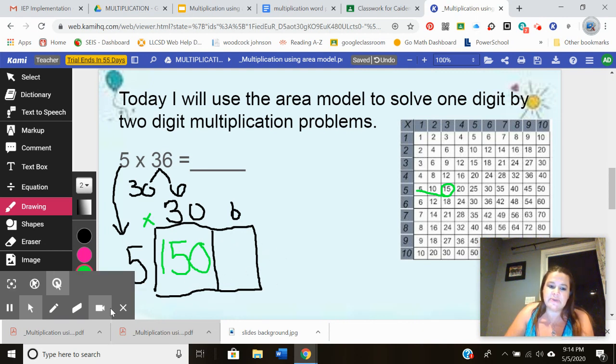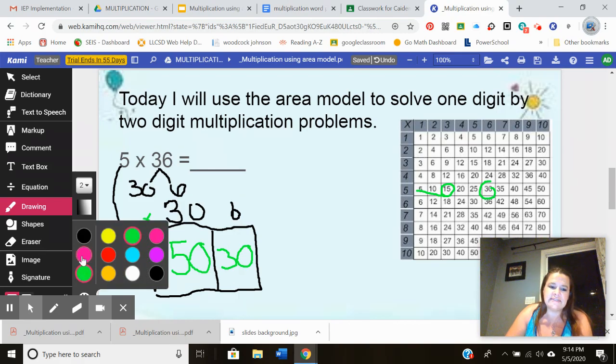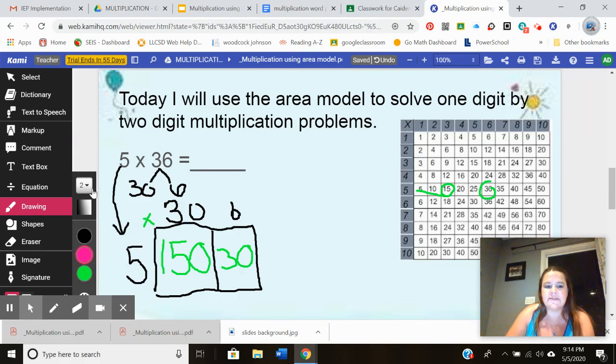Next, I'm going to go into my ones place, which is 5 times 6. If I come over here, I find the 6. 5 times 6 is 30. I'm going to write 30 over here. So now I found my two products, 5 times 30 and 5 times 6. But I have to add these up in order to find the product of 5 times 36.